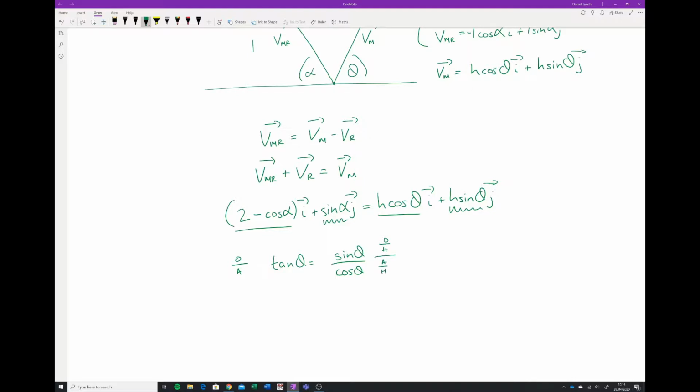If you multiply top and bottom by h, you do get opposite over adjacent. While we're at it, it's also equal to h sine theta over h cos theta. The h's would just cancel, and since we know h cos theta is 2 minus cos alpha, beg your pardon.